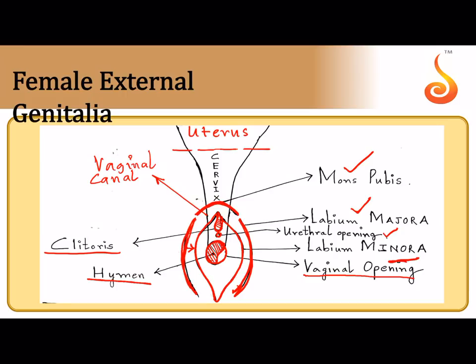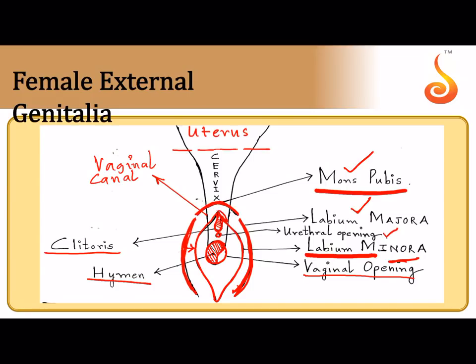I'm repeating again, there is a pad of fatty tissue that is called the mons pubis, and then there are two larger folds of skin which are referred to as labia majora, and then there are two smaller folds referred to as labia minora.